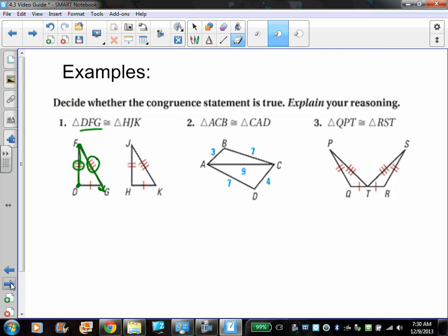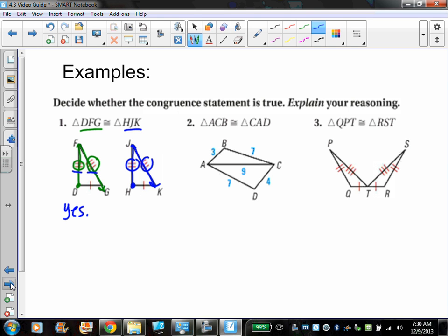Let's look and see if HJK does the same thing. So if we start here at H, and then go up to J, we go through the 2-1 first, like we're supposed to, like we did over here, and then we finish up by going through the 3-1, which is what we're supposed to from over here. So then the answer is yes.